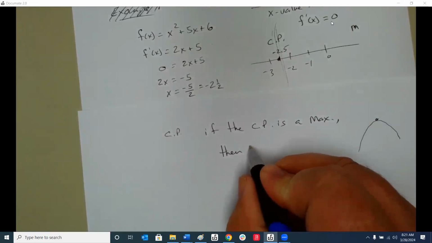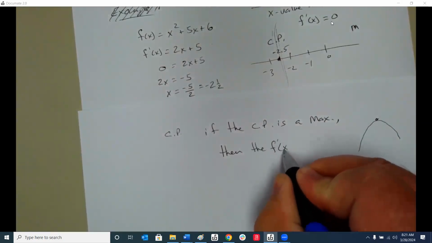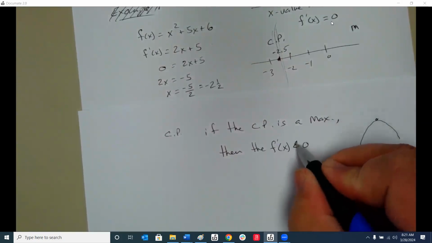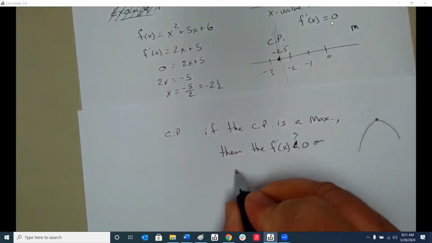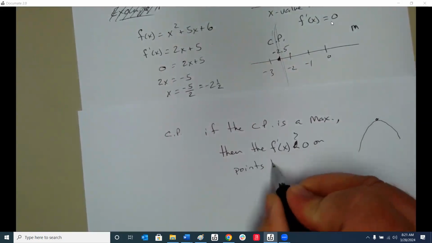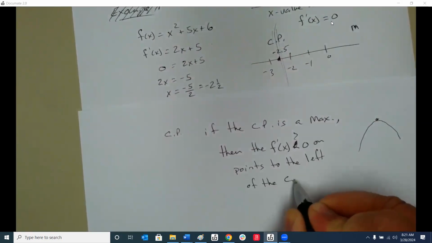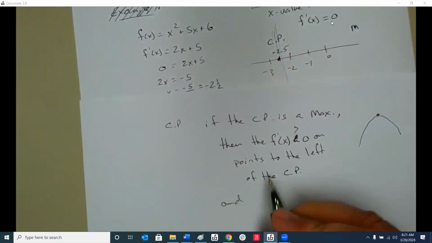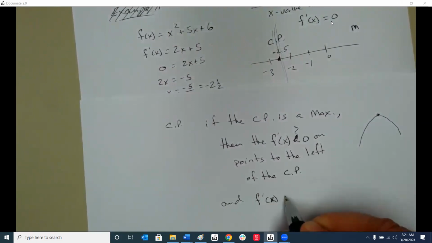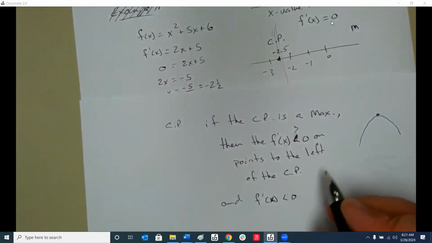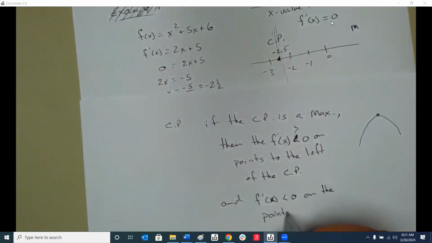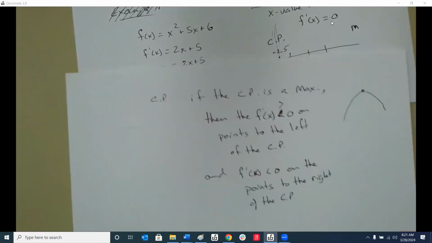That means the first derivative has to be greater than 0 on points to the left of the CP, and has to be negative on the points to the right of the CP.